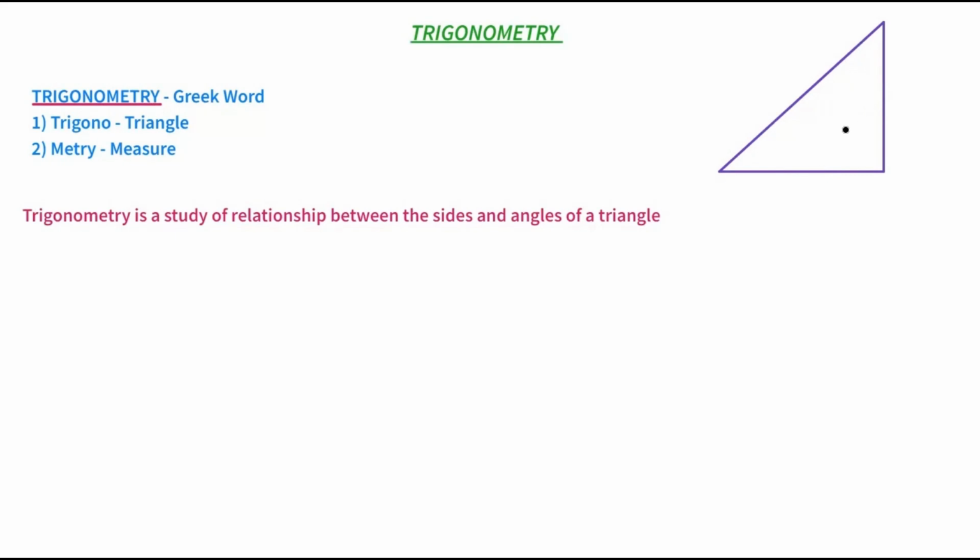Now, usually students ask, why do we learn trigonometry and where are we going to use this? For example, you are standing here at point A, and there is an Eiffel Tower here, B and C, and you want to know the height of the Eiffel Tower. You can't take a tape to measure it. Instead, you can find the distance, how far you are from the tower, and this angle.